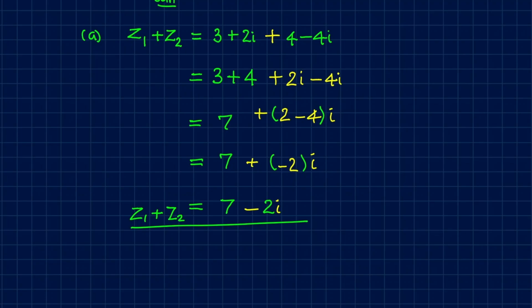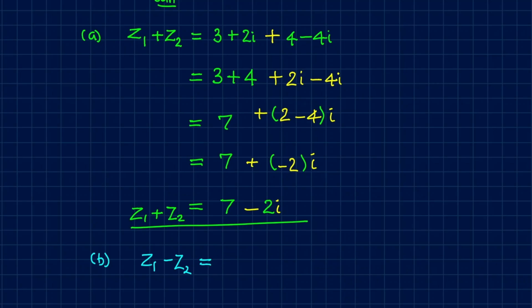So let's move on to the next part, part B of the question, which says we also have to subtract Z2 away from Z1. So we have Z1 minus Z2.